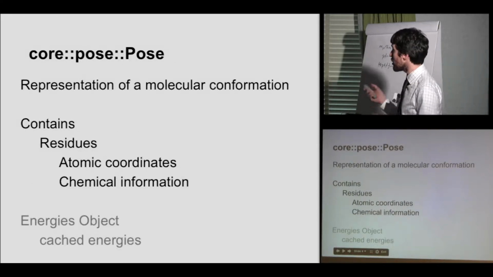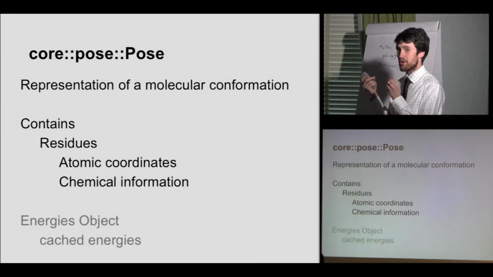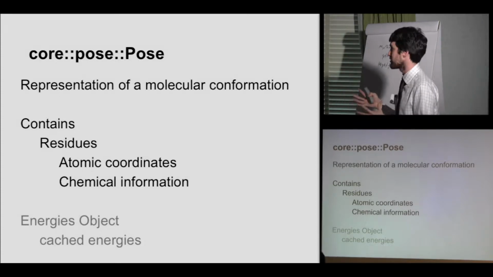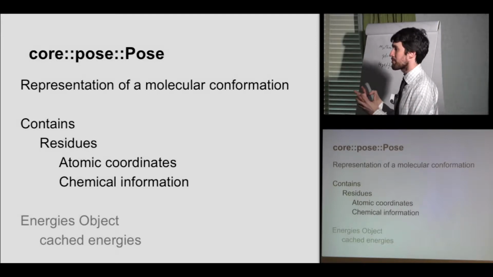OK, so a pose is a representation for a molecule. It's a specific conformation, so it has all of the atom coordinates in space as the information that it keeps track of. It organizes the information associated with each atom. It has chemical information, so what type of residue or what type of functional group it's in.